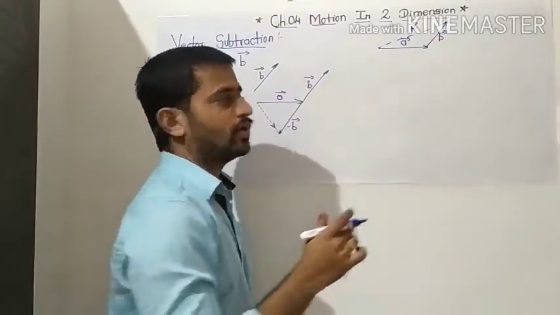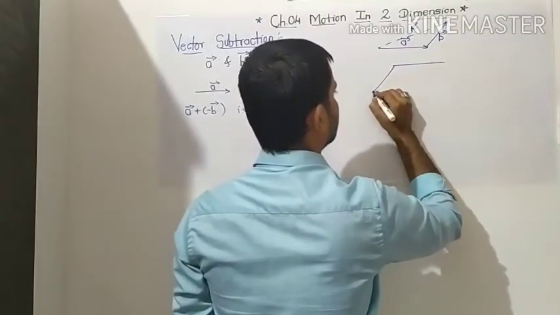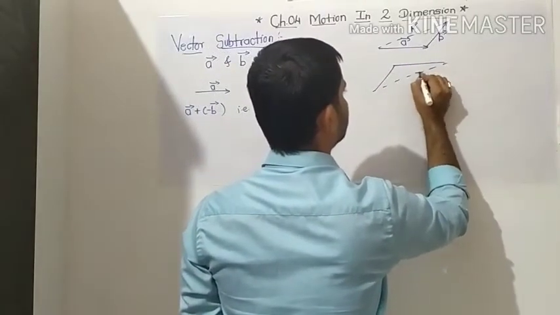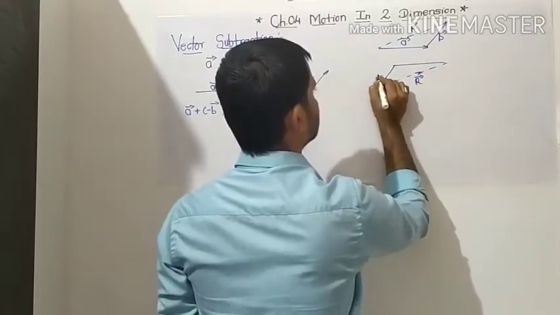Now, if we draw vector B plus vector A, then this will be your resultant.